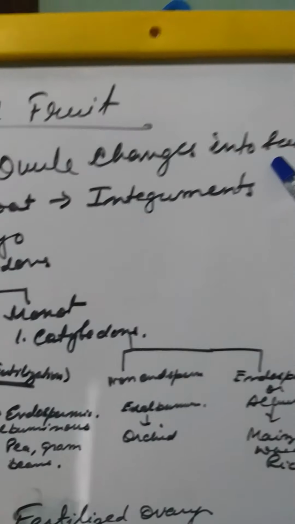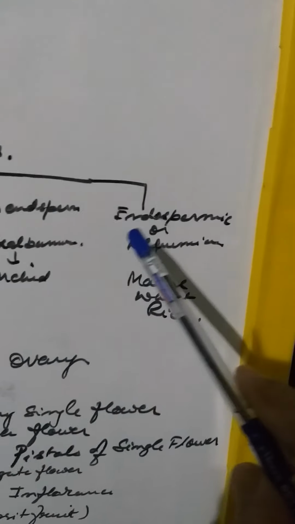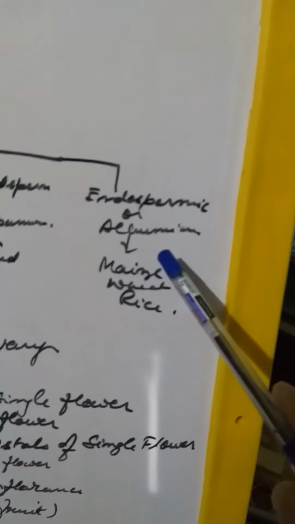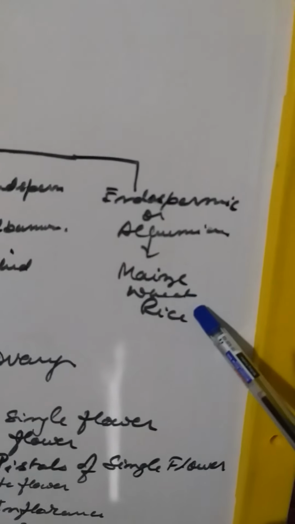And for endospermic seed, the example is castor. Now for the monocotyledonous, again it is categorized into non-endospermic and endospermic seed. Non-endospermic seed, a very common example is orchid, which is very short-lived. And endospermic seeds, examples are maize, wheat and rice.